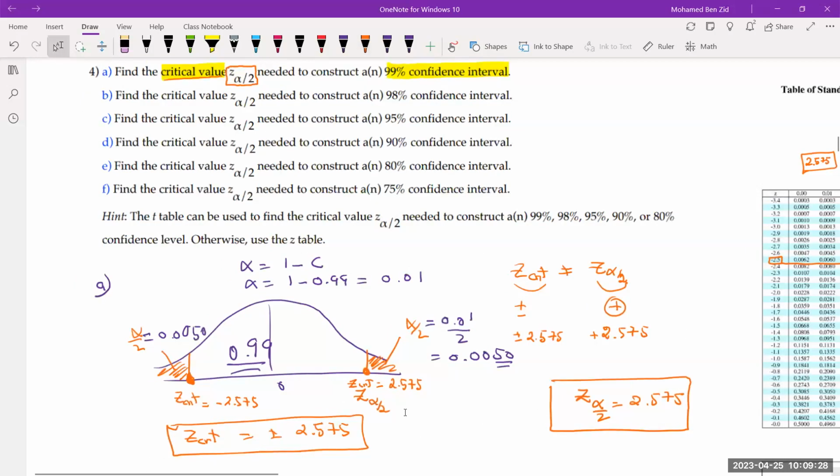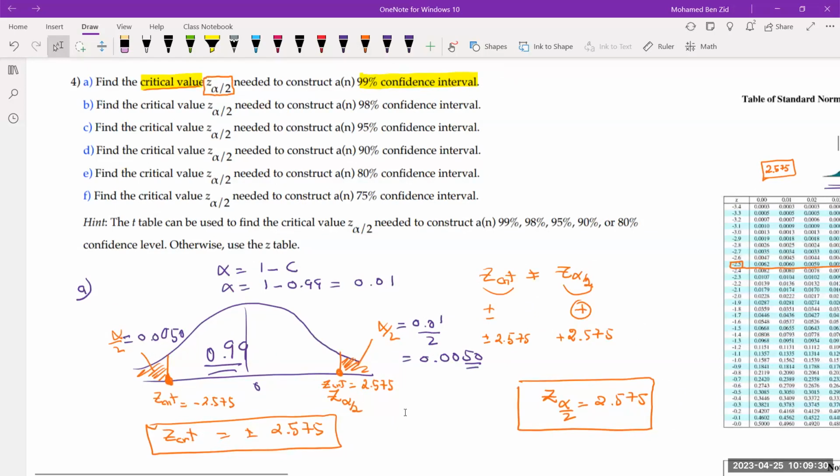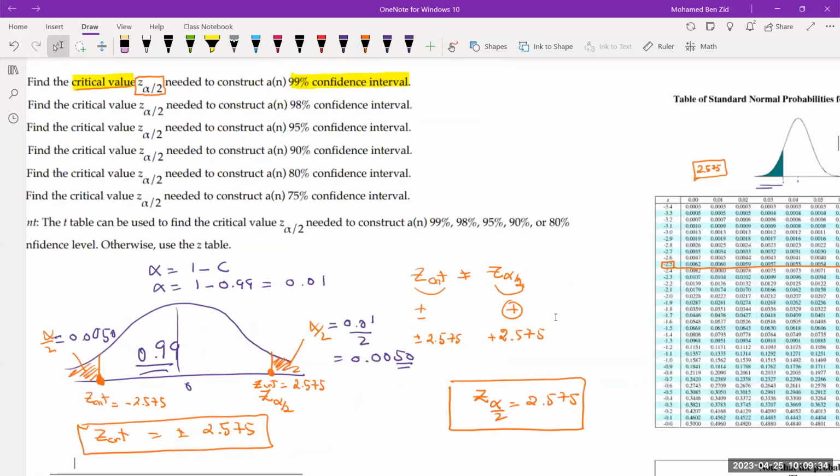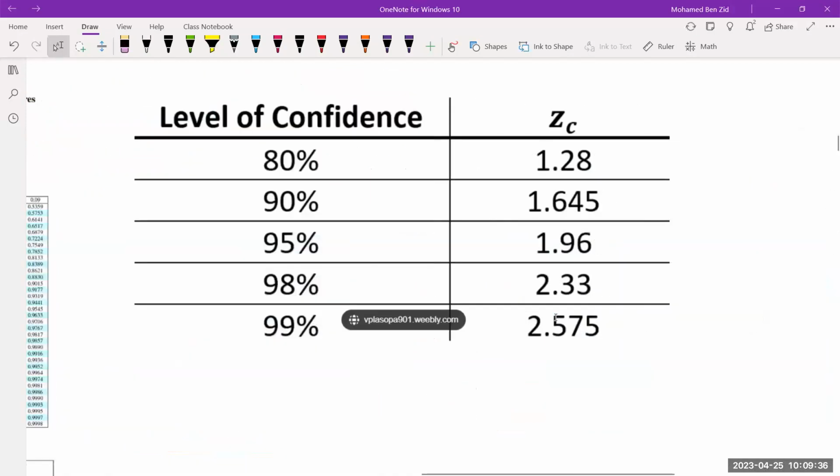Now, if you remember in class, I told you to use this table. You are allowed to have this table, all right? And you see the value, you don't need to sweat for it, is 99, 2.575. If you have a multiple choice, you want to choose the closest value to whatever value you have.